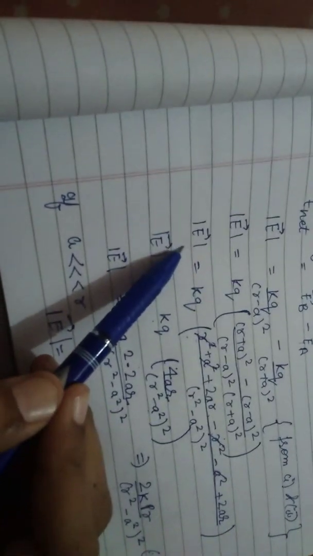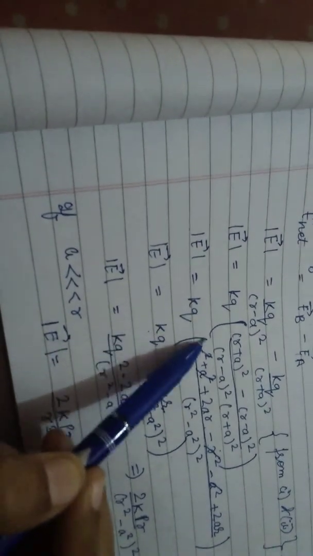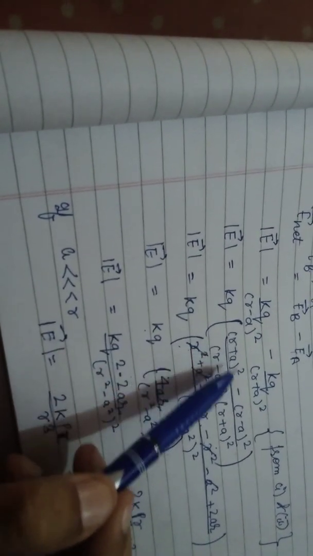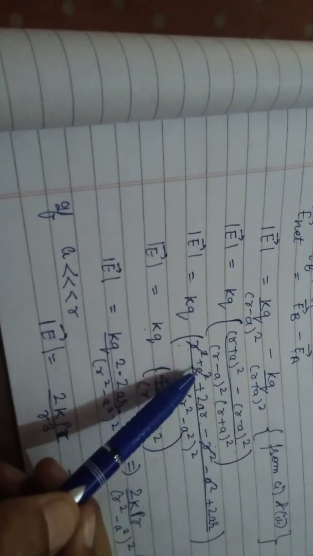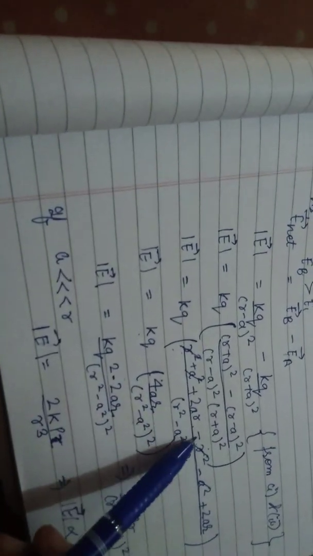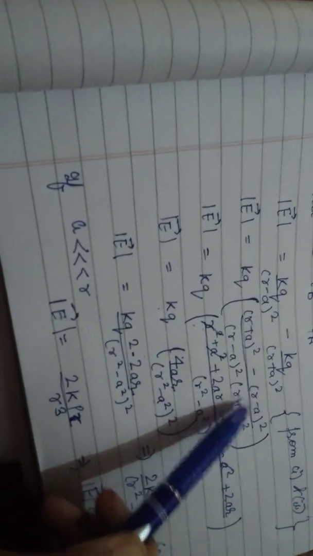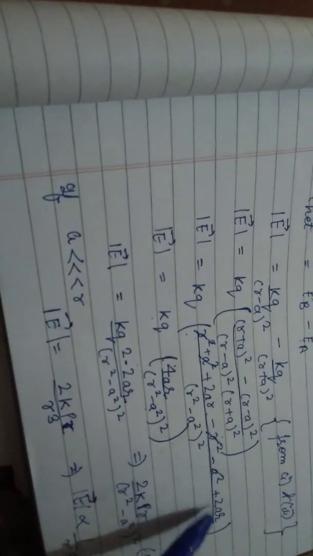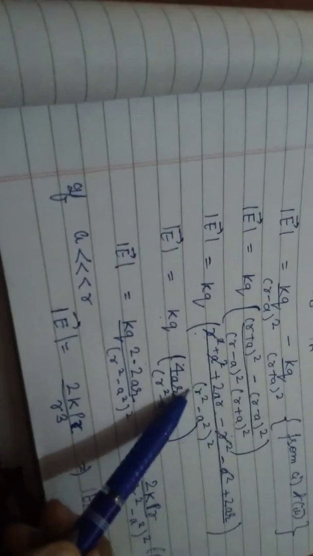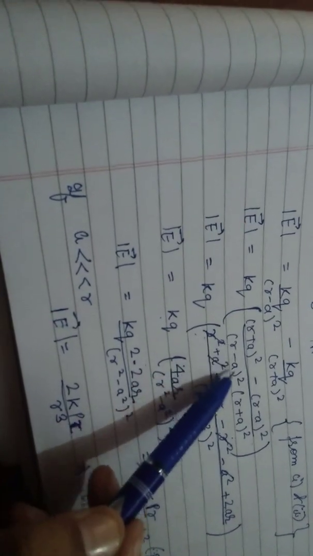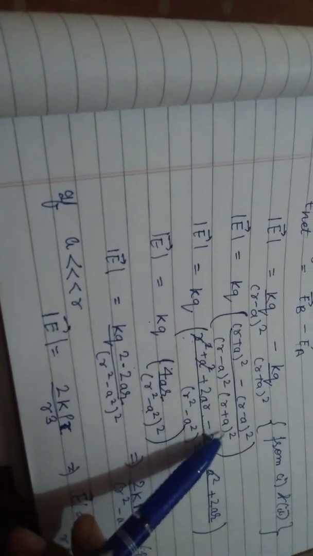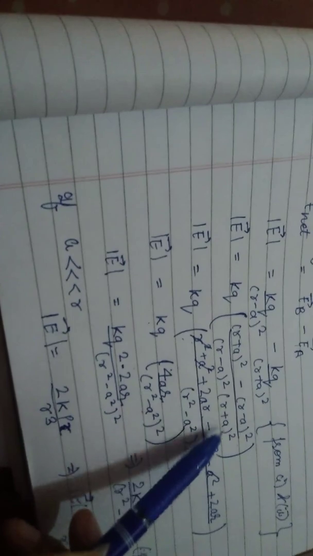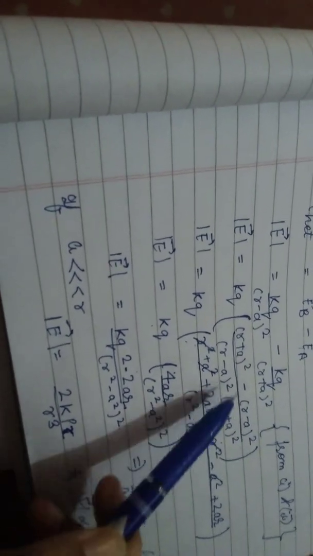By opening the formula of a plus b whole square, we will get r square plus a square plus 2ar, minus, by opening the formula of a minus b whole square, r square plus a square minus 2ar. In the denominator, a minus b times a plus b is equal to a square minus b square, and its whole square.